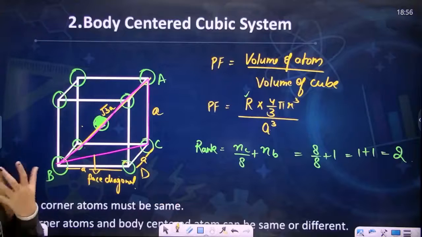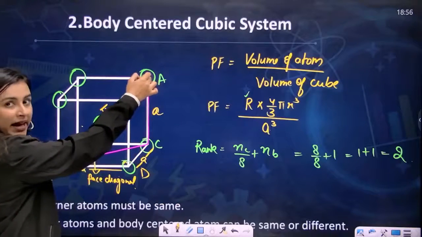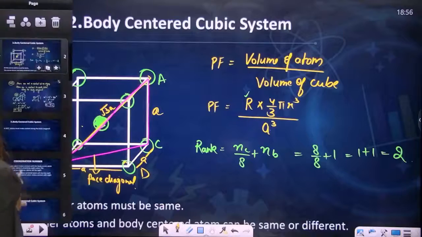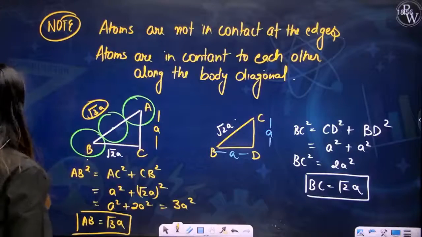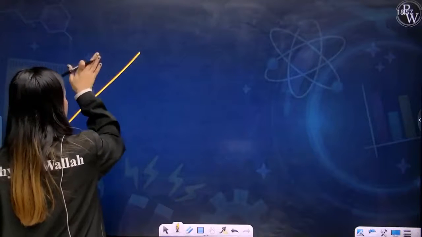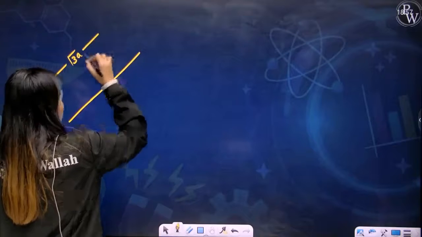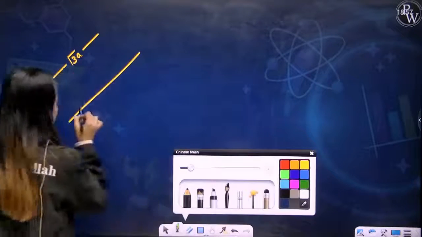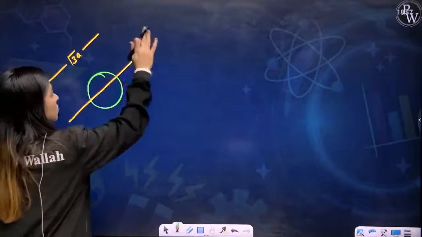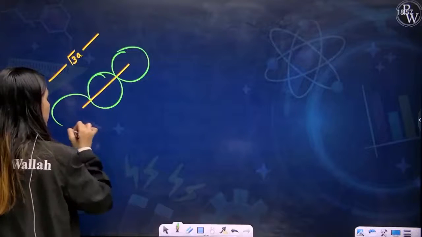Now for calculating the packing fraction, I needed this length. Yes, now I have this length, which is equal to root 3a. And I also know that the atoms are touching along the diagonals, something like this.